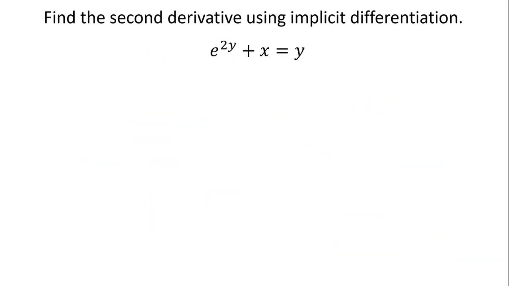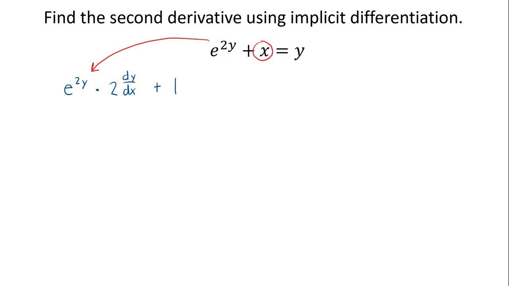In this example, again, we're asked to find the second derivative of e to the 2y plus x equals y. Let's start by finding the first derivative. The derivative of the first term, e to the 2y, is e to the 2y times 2 dy over dx, and that's using the chain rule.